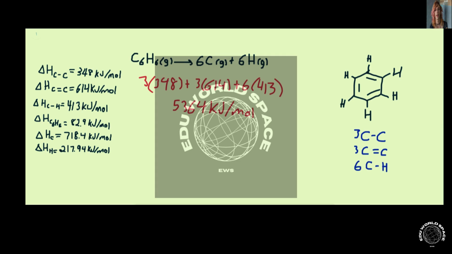And then for Hess's law, delta H of reaction is equal to delta H of products minus delta H of reactants. So 6 times 217.94, plus 6 times 718.4, minus 82.9.